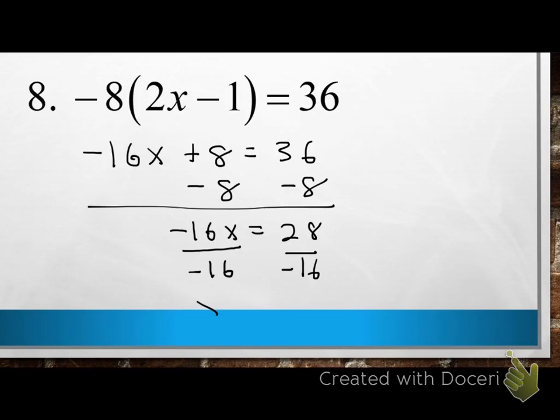Then my answer, positive divided by negative is negative, and then simplify like you did, 7/4. So you have negative over negative. There you go.